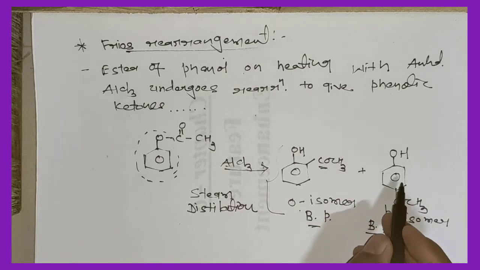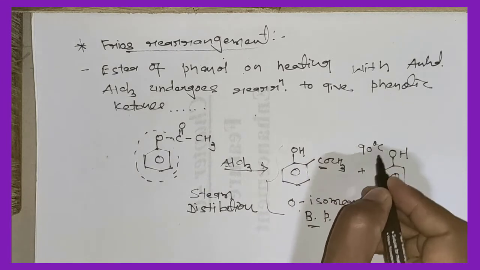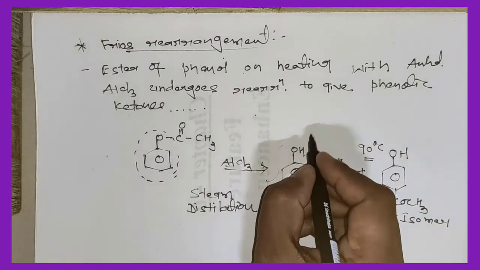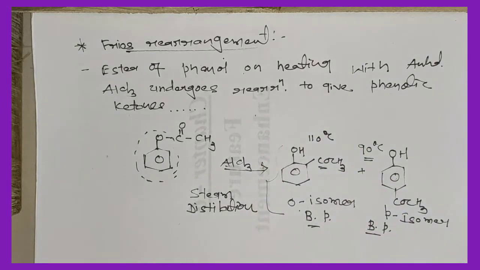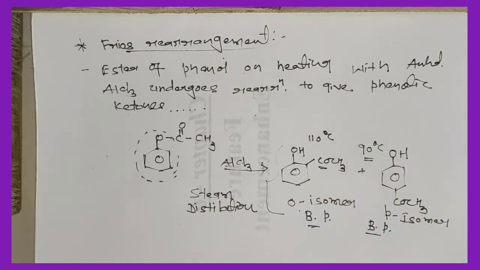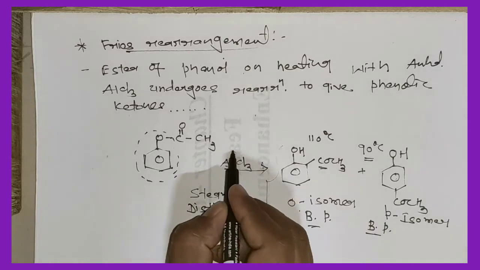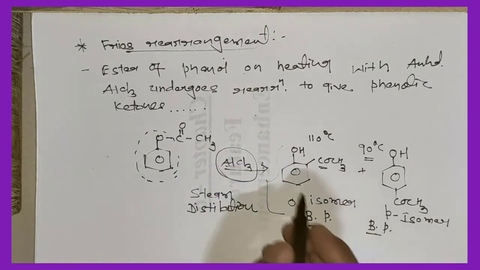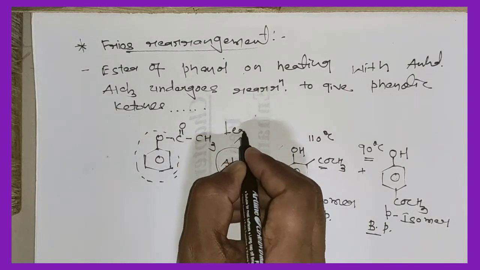For example, if the boiling point of the para isomer is 90 degrees Celsius and the ortho isomer is, suppose, 110 degrees Celsius, then by steam distillation first the para isomer comes out and then the ortho isomer. So on the basis of physical techniques, steam distillation, we can isolate both the isomers. Clear?